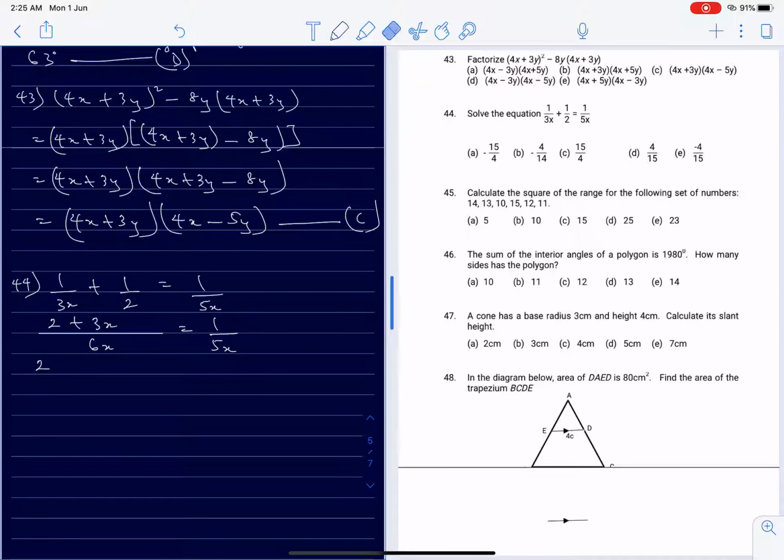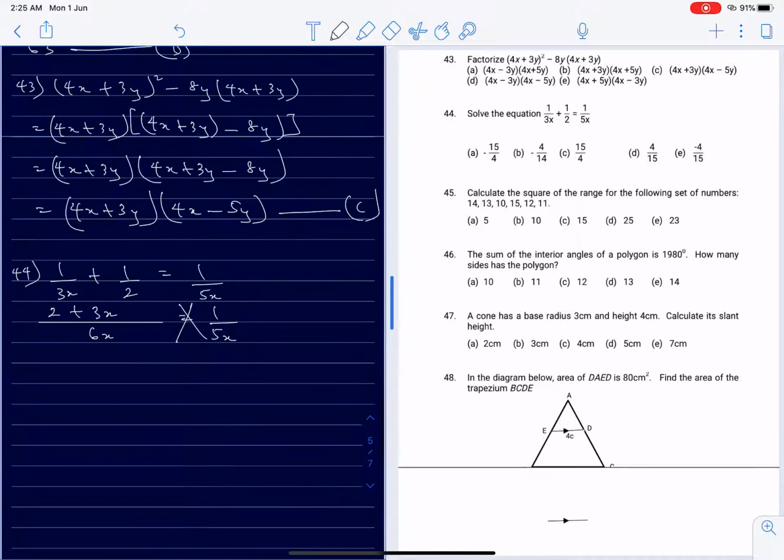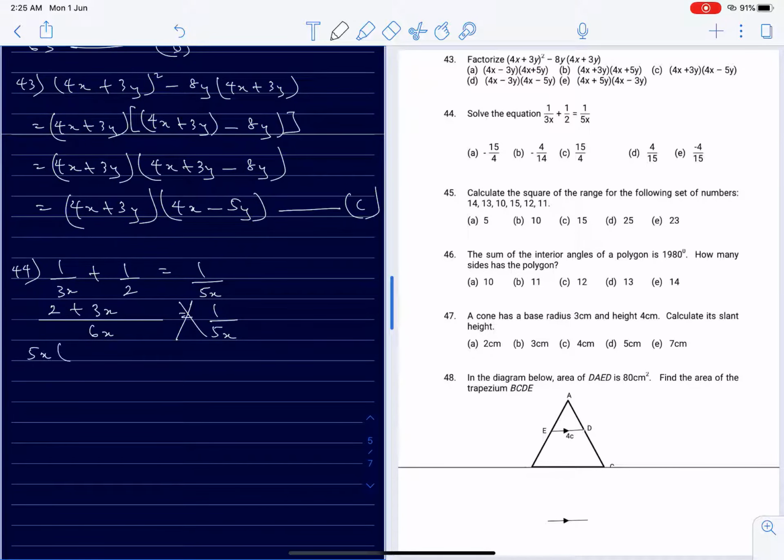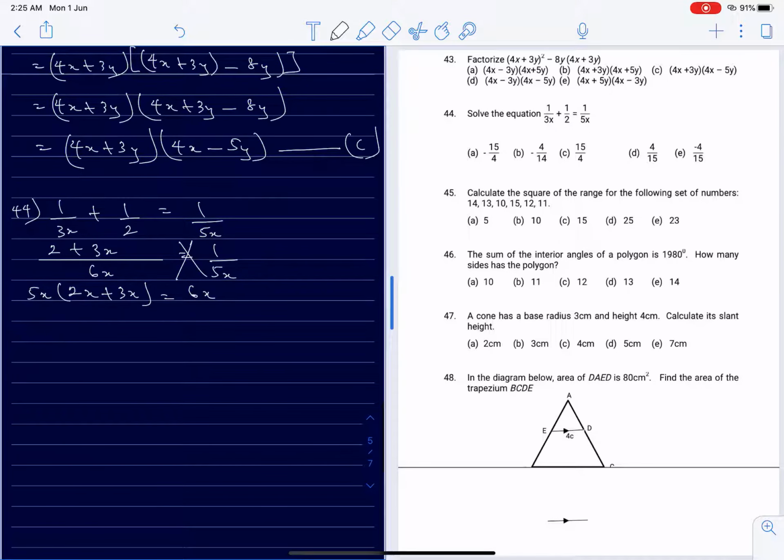And that means now we can cross multiply. That means 5x times 2x plus 3x is equal to 6x times 1, which is 6x.